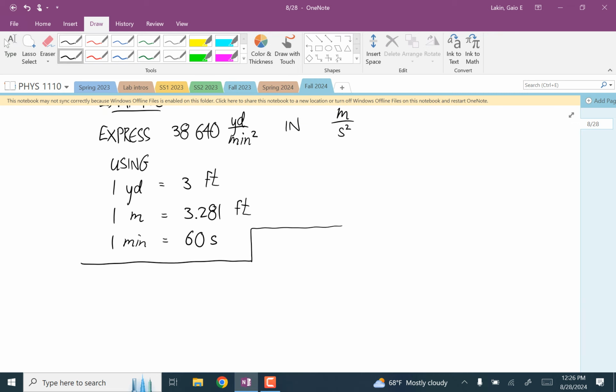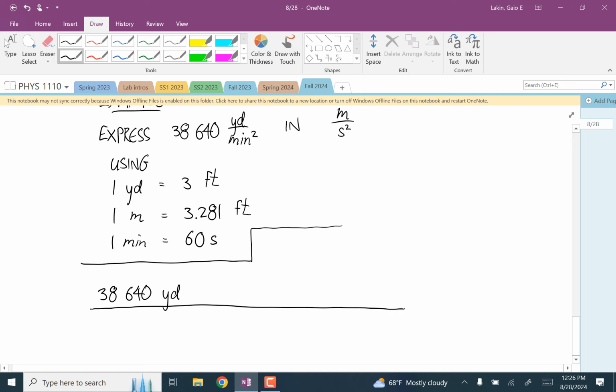So I'm going to start this with, we have 38,640 yards in the numerator. And then minutes times minutes in the denominator. Okay. And it doesn't matter what order you do this.